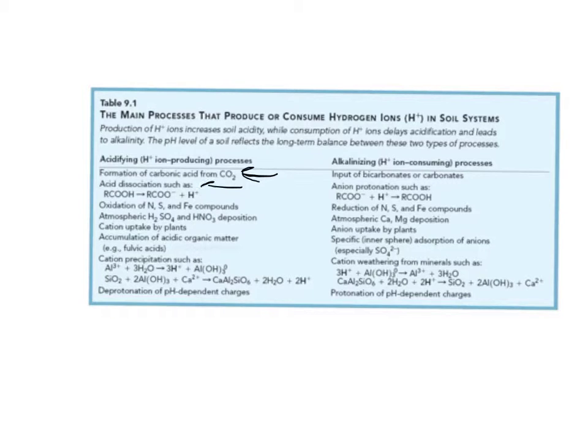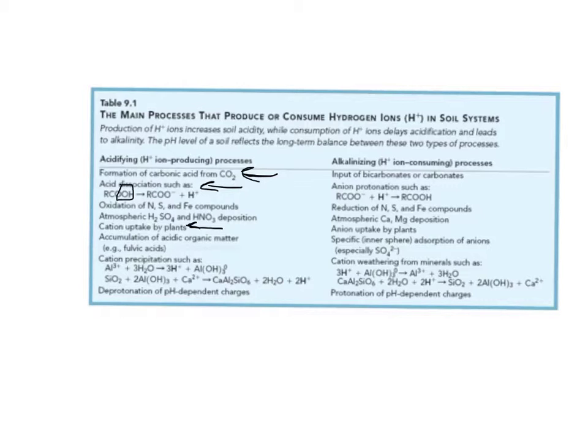This one here happens on things like organic matter. So organic matter can have these tail ends like this here, and those can release that hydrogen depending upon what's going on in the soil. Another one, cation uptake by plants, and this would be basic cation uptake.